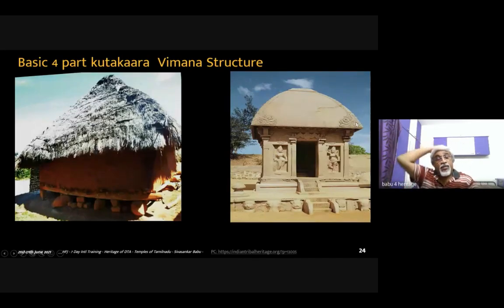Comparing with our earlier nomenclature, this is your Adhisthana, the base, and there is one more component called Upapitha, which is like a pedestal. This is primarily to raise the height and ensure that it is slightly raised from the ground level.